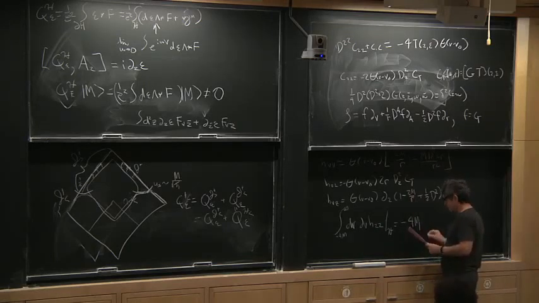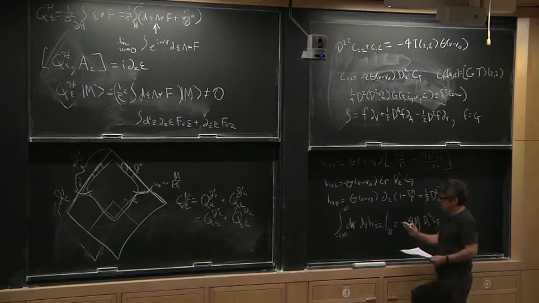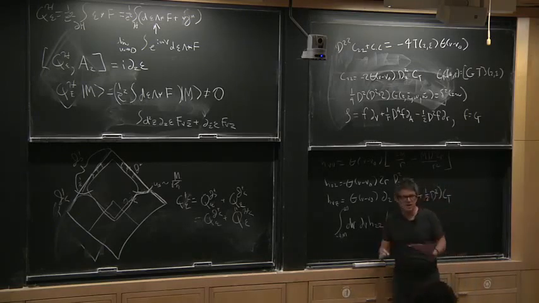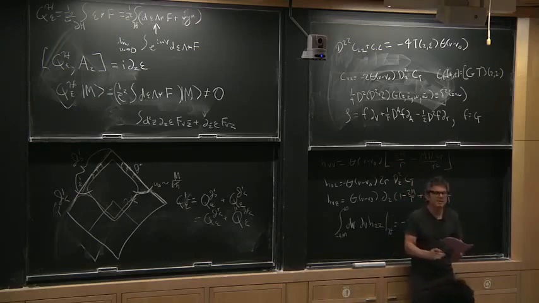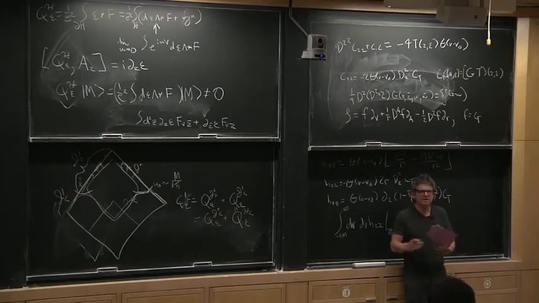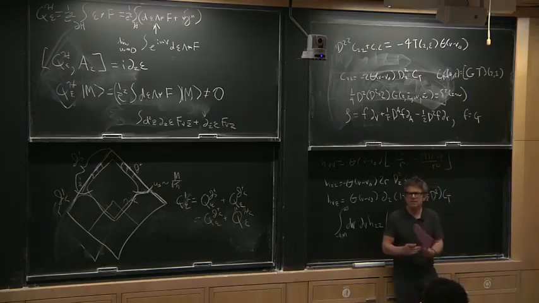Minus 4m dz squared ct. So such a shock wave implants a soft graviton on the horizon. It creates a shift in the transverse components of h_zz before and after the shock wave arises.